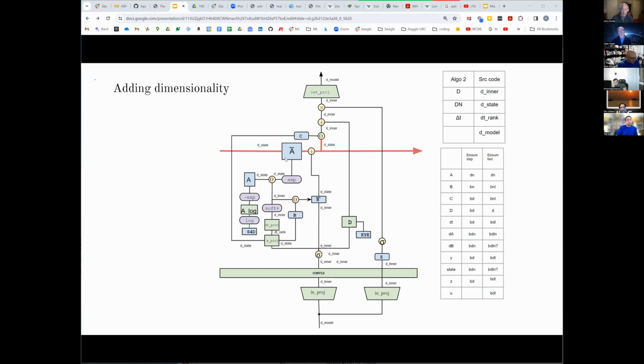The state dimension is larger, and A is a diagonal matrix on that. There's an operation between the C matrix and the state dimension that generates a D inner size output, where you add your residual connection.